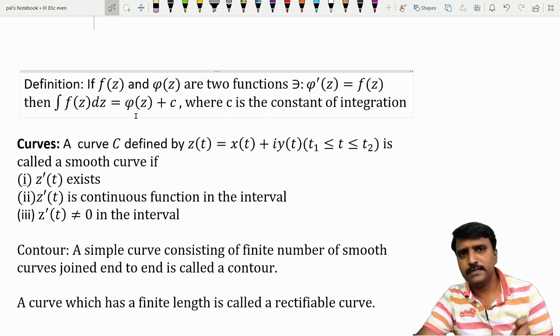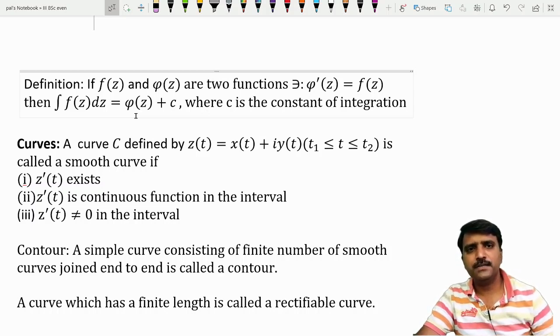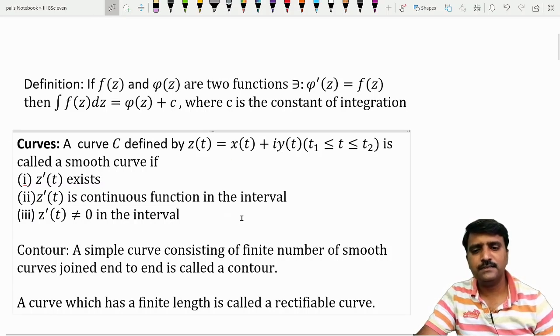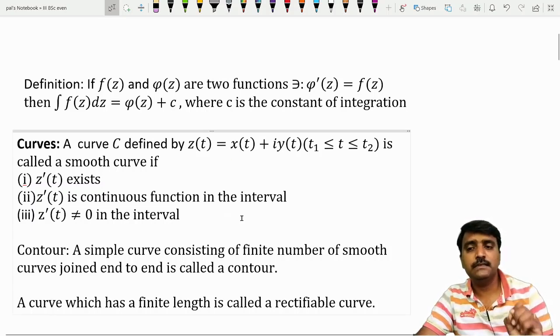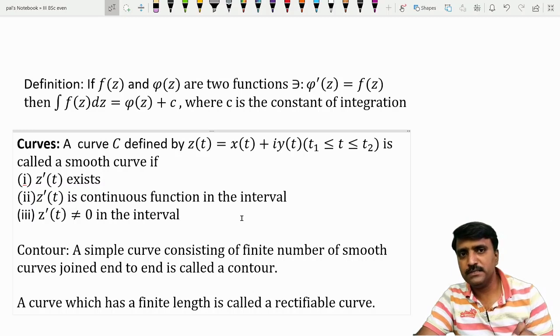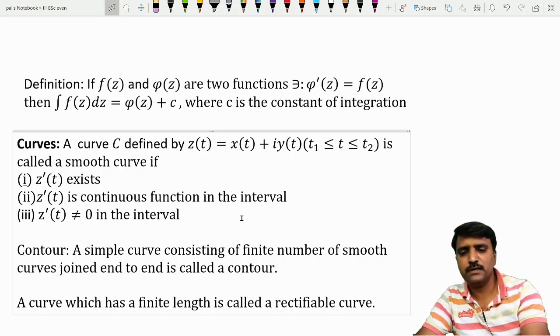Second, z dash of t is a continuous function in the interval, it does not take any breaks or jumps. And z dash of t is not equal to 0 in the interval. If these three conditions are satisfied by the function z of t, then we say z of t is a smooth curve.